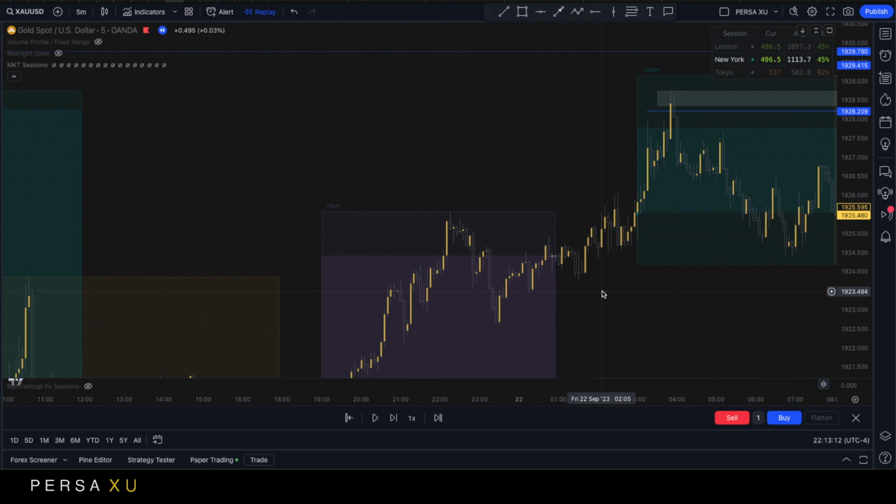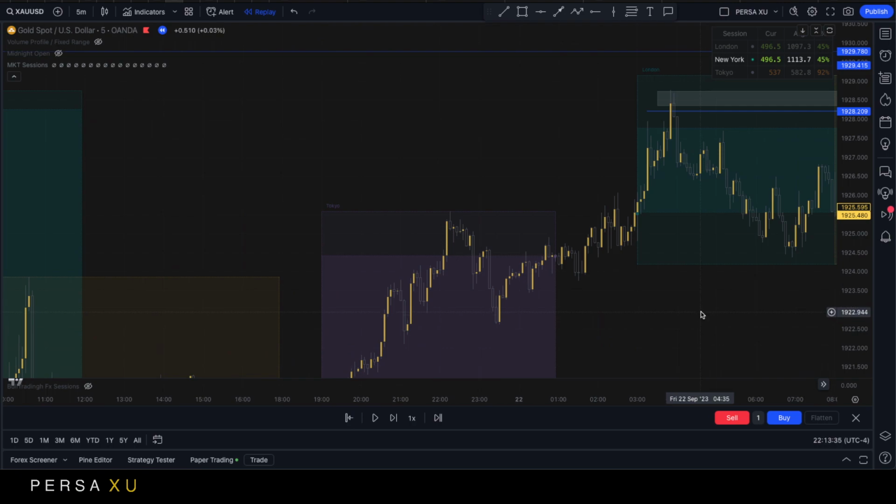They don't want to enter short when the market is already falling. They want to enter the market short as high as possible. So, which is why London over here comes up, grabs liquidity, and then starts falling down. So that is also a footprint. That is also a clue.